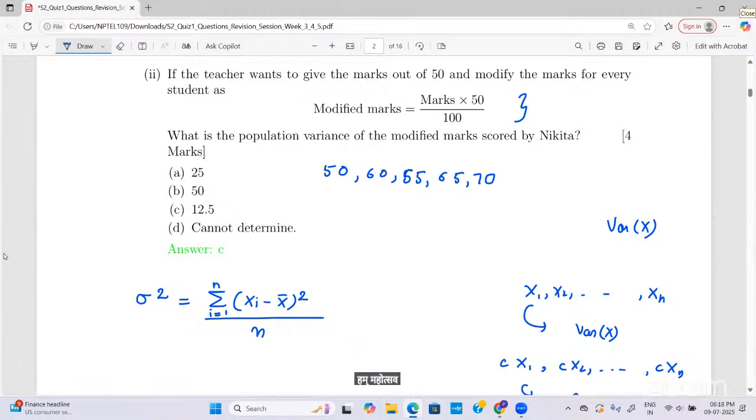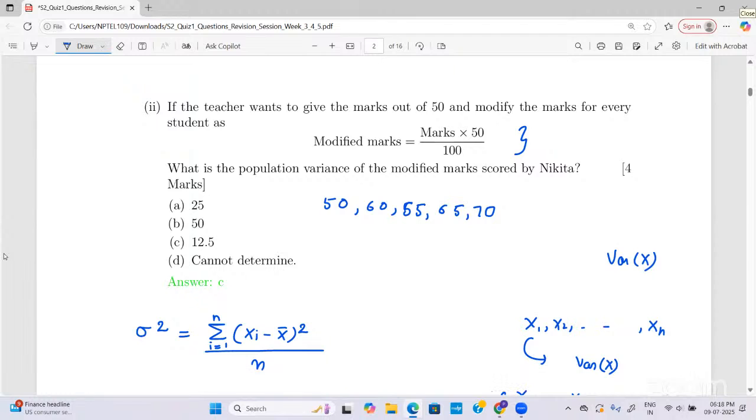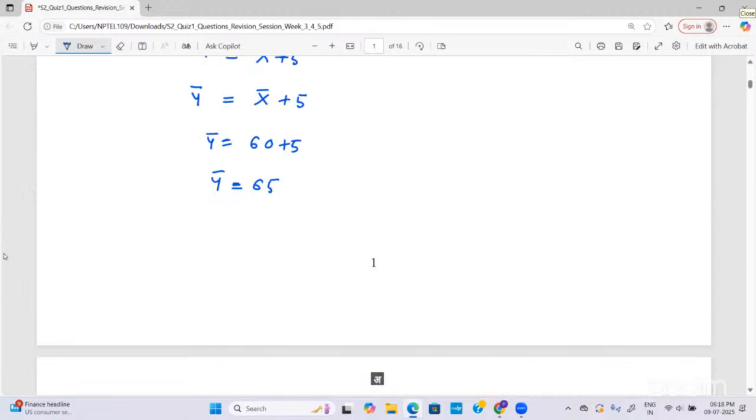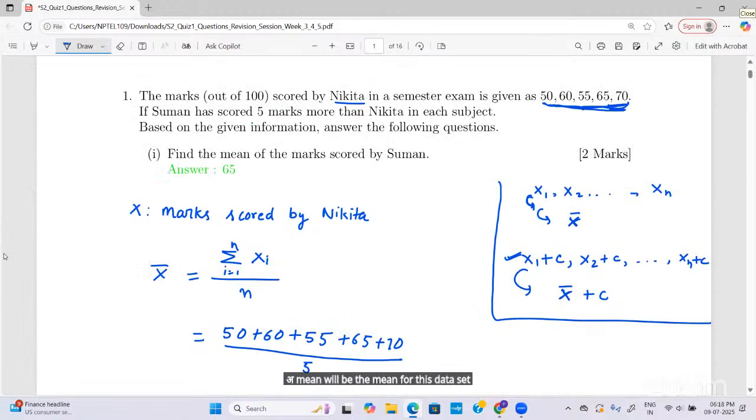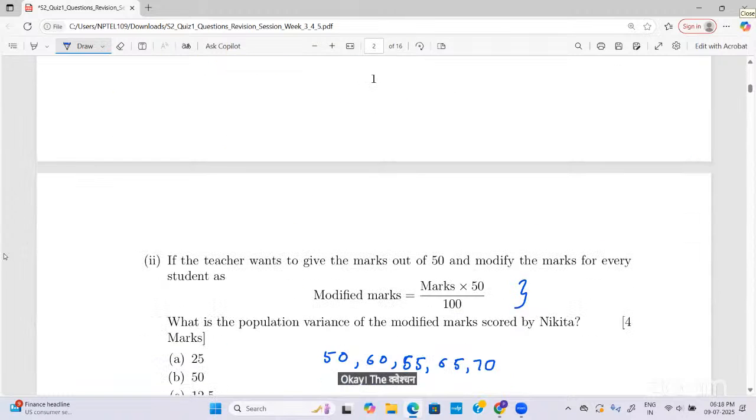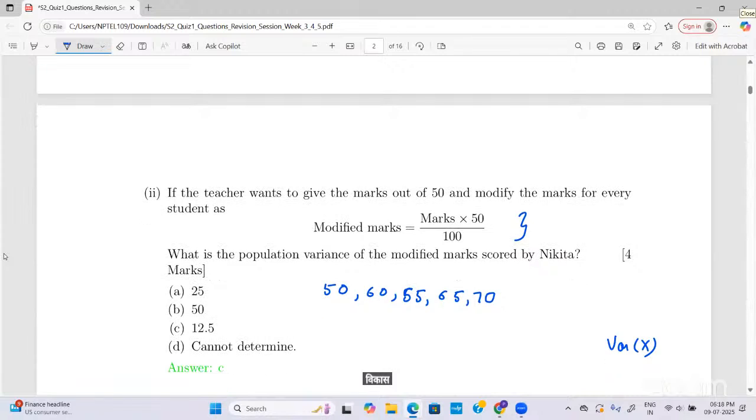Ma'am, here do we need to consider the mean as 60 or 65? Mean will be the mean for this data set. The question is, we have to find the population variance of modified marks scored by Nikita.